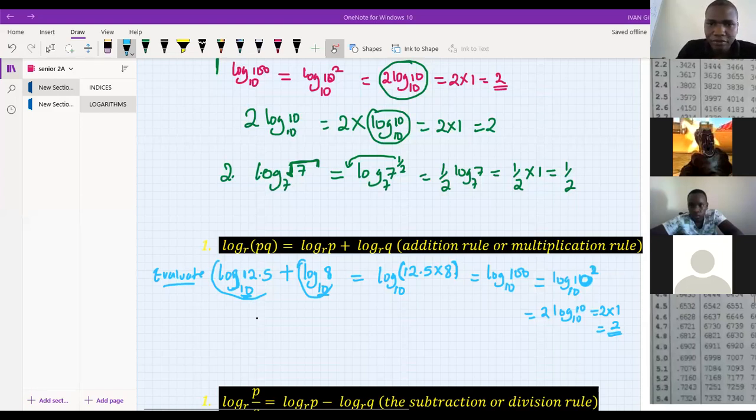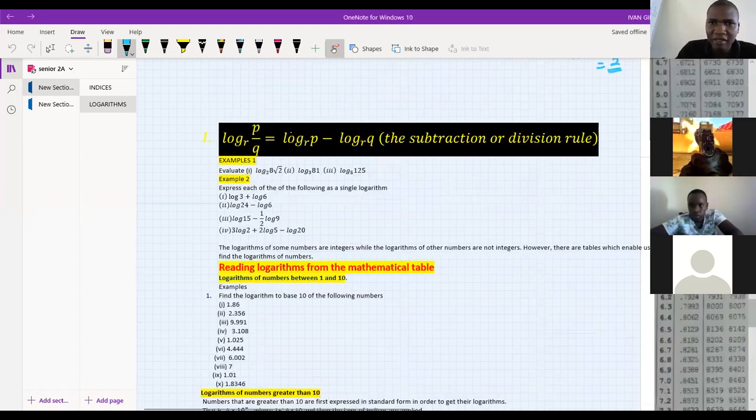So I gave you that example. Let's move on to the next one. I'm going to be a bit fast now. The next one is the subtraction law or the division law.